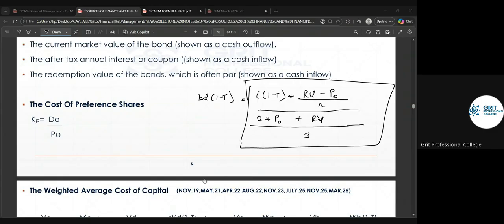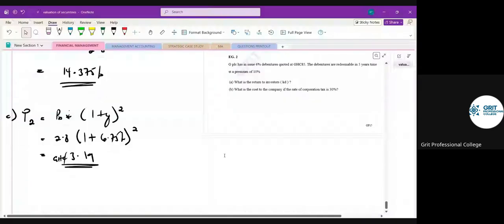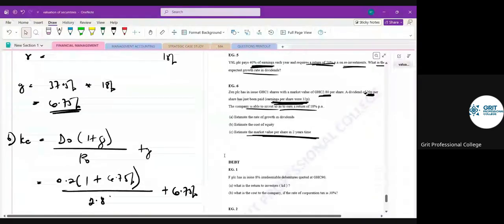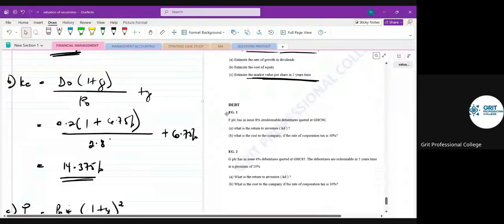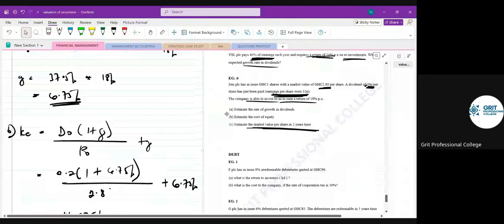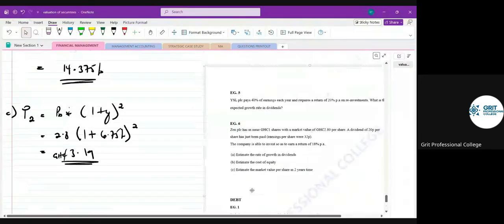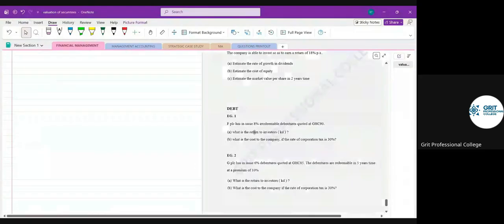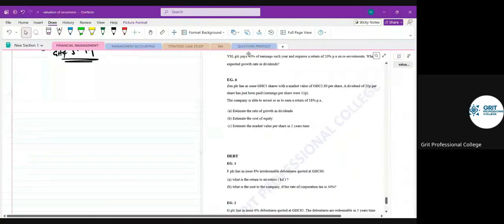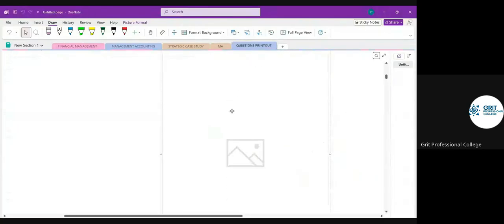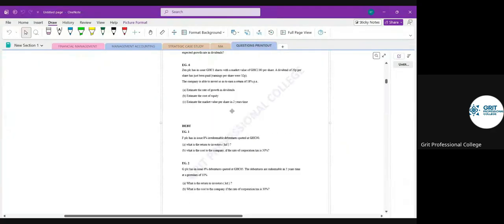So let's go to our question set. And then finally, look at what? The cost of debt finance. Let's see if there's something else. Okay, that's this comments.